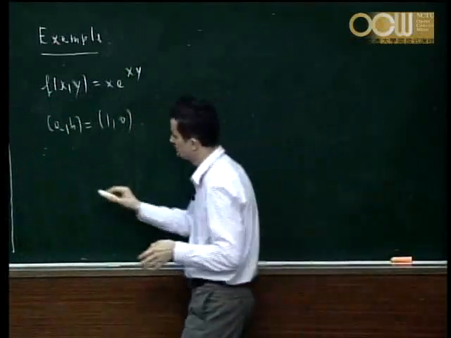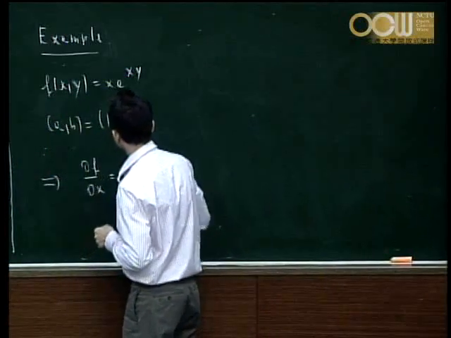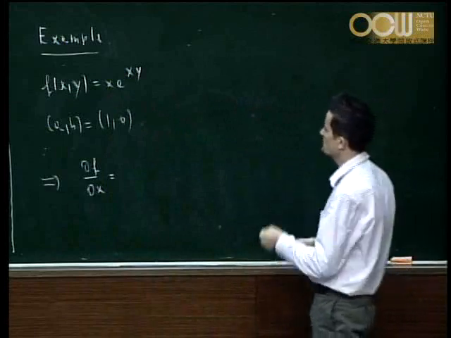What we do is we compute the partial derivatives. We see that the partial derivatives exist everywhere for this function.